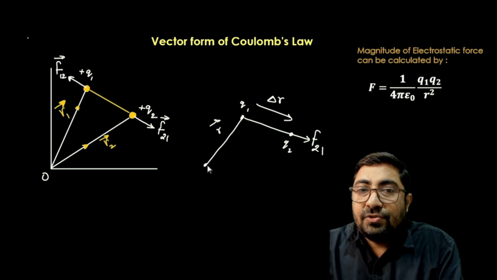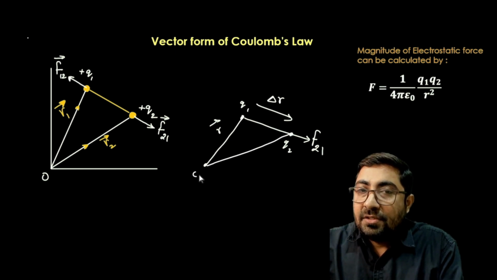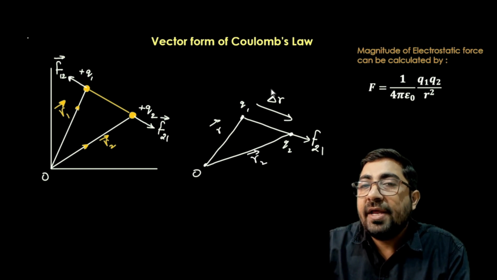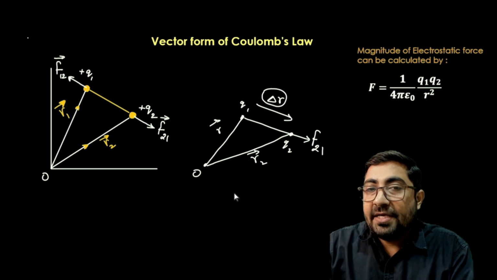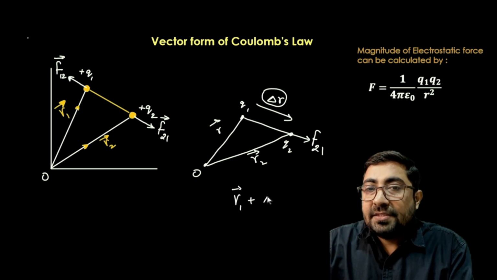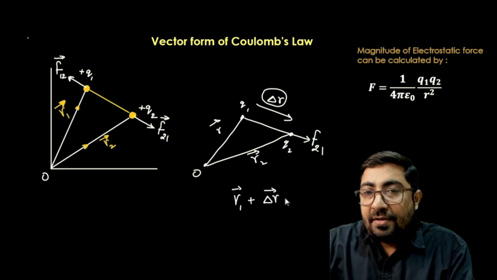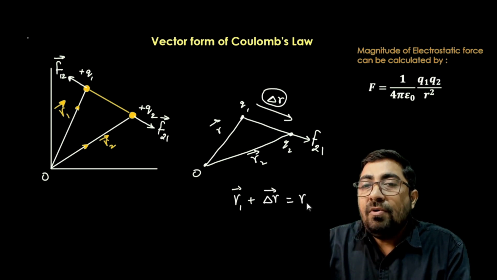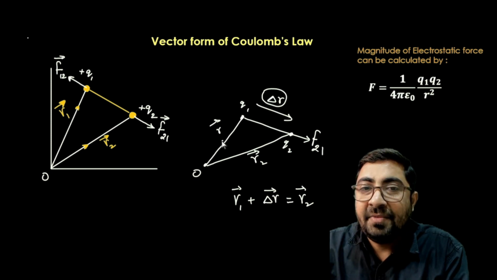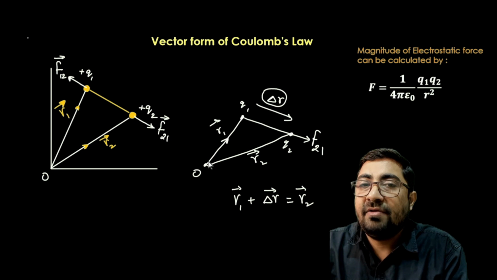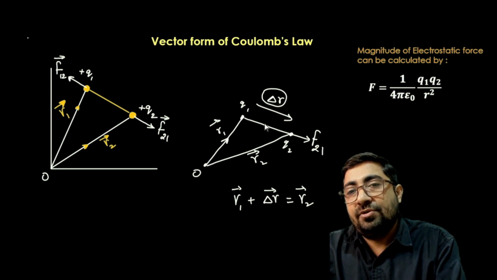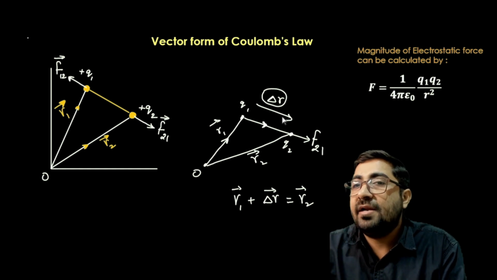This is the charge q2, and from the origin the position vector is r2. So r1 vector plus delta r vector is equal to r2 vector. Why? Because of the vector sum: this is the r1 vector from O to q1, and the charge q1 is applying force on the charge q2, so this is the other vector, delta r.